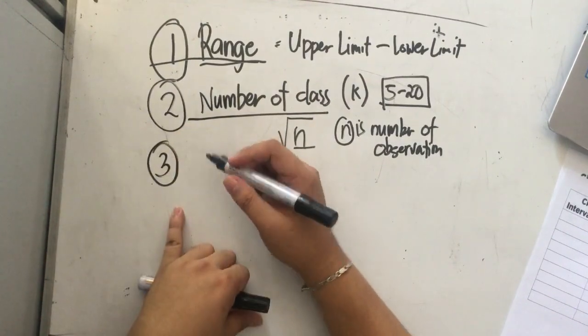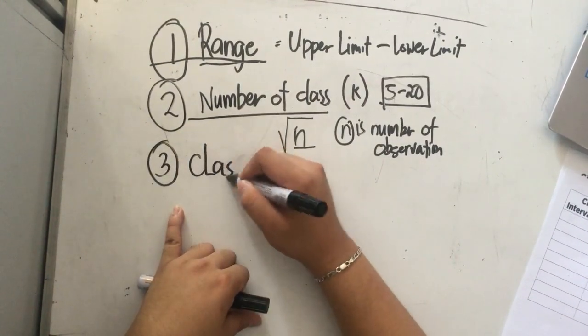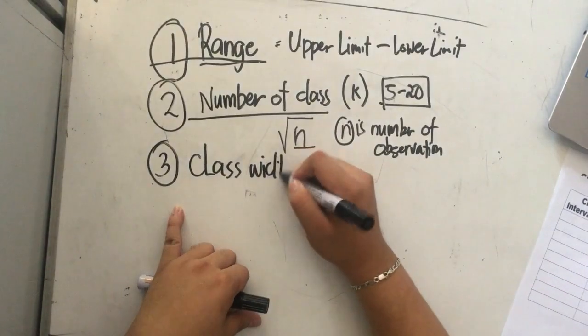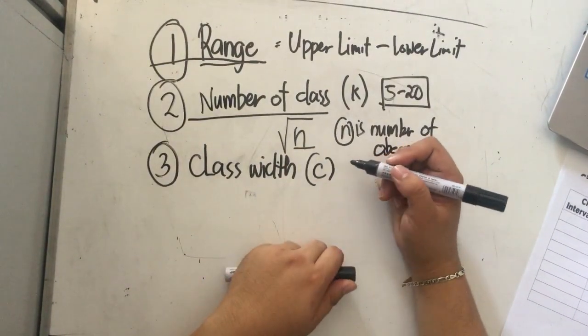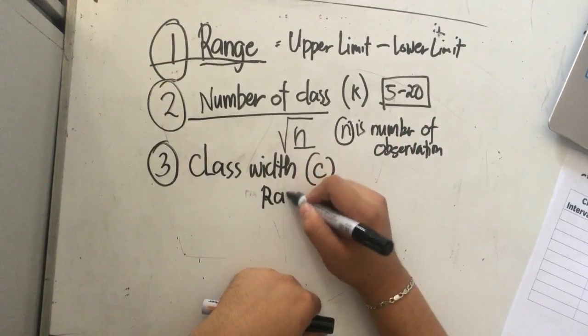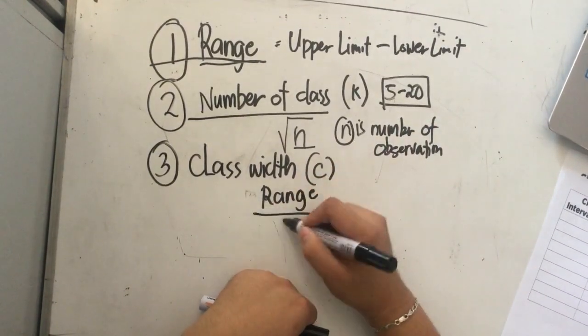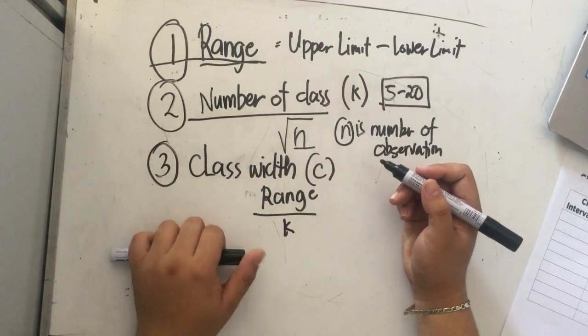Next, after getting the number of class, we do have our class width. Okay, our class width, or our C, is equal to range over the number of class.